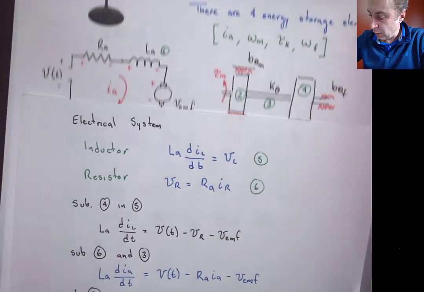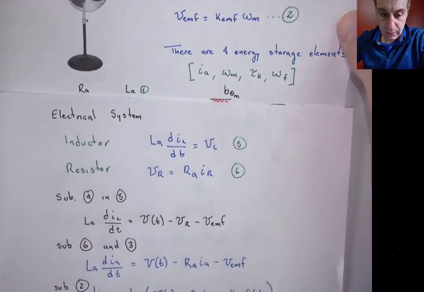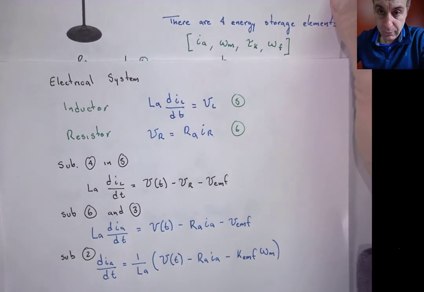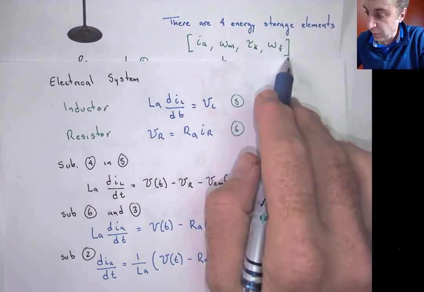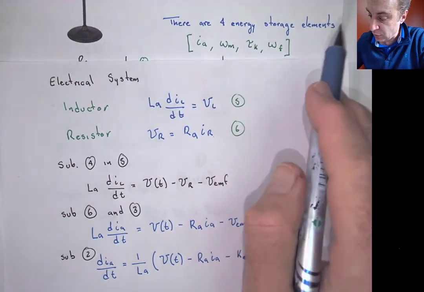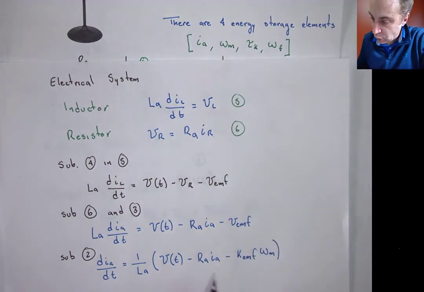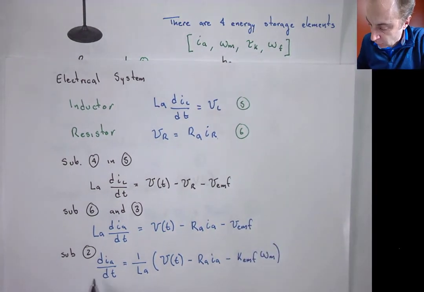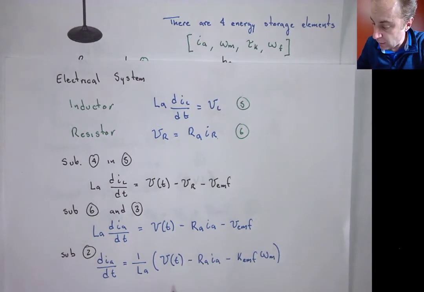And I'm just going to bring in the state variables that we defined from the 4 energy storage elements. We have to make sure that our equations, eventually these are going to be our state equations, are written in terms of inputs or state variables.